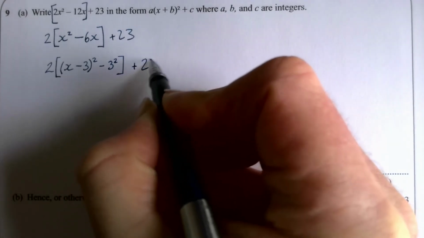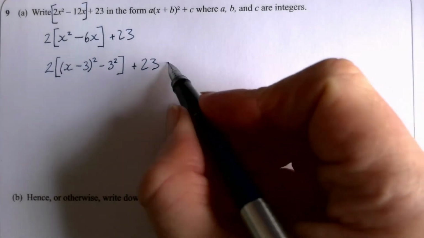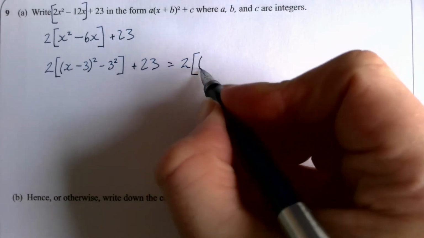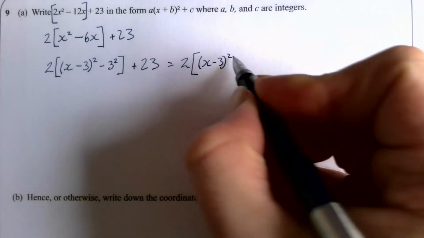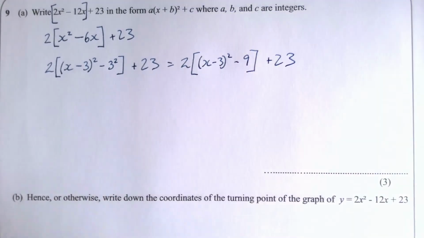Close the square bracket, and then we've still got our plus 23 over here. Now this bit you've got to be really careful on. So to make sure, I'm going to clean this bit up a little bit first. So I've got 2, my big bracket, (x take 3) squared take 9 plus 23.